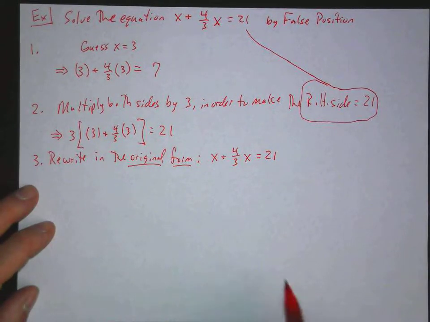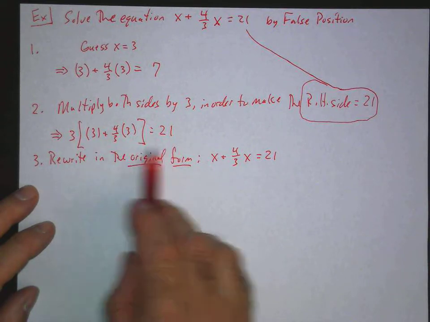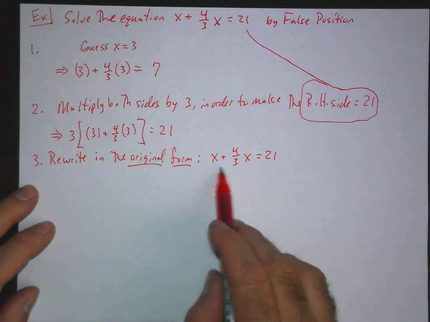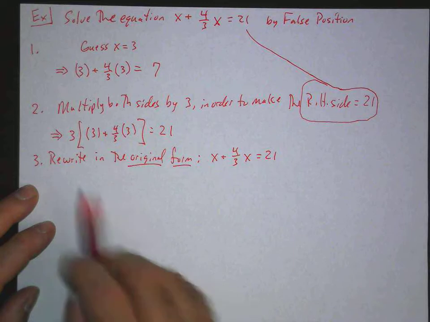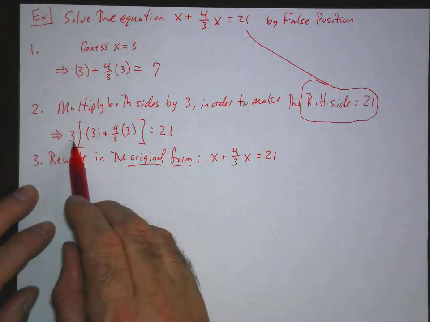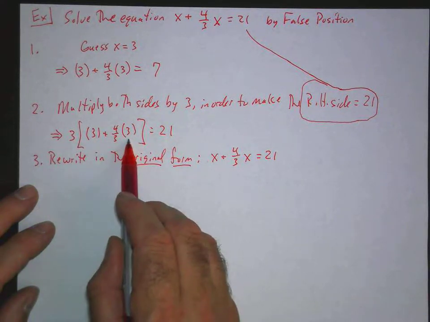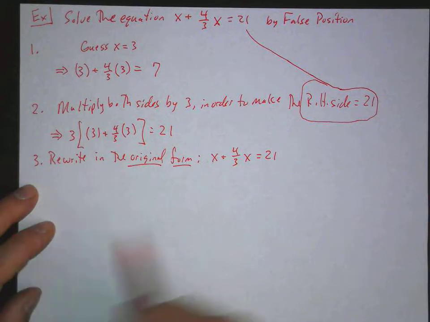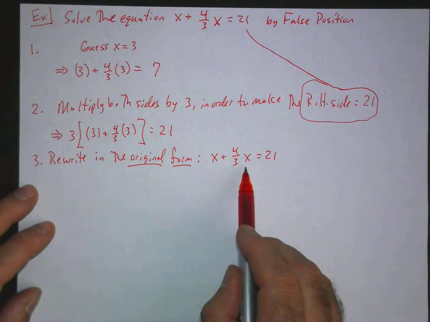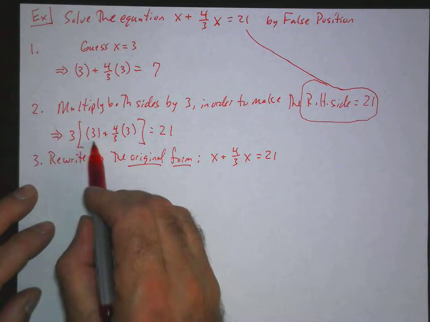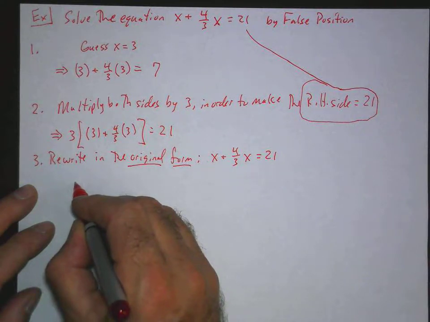Okay, so we've got to take this mess and make it fit this form. So I'm just going to distribute the 3 to each of these terms in the parentheses so that the equation has the original form. 3 times 3 is 9.